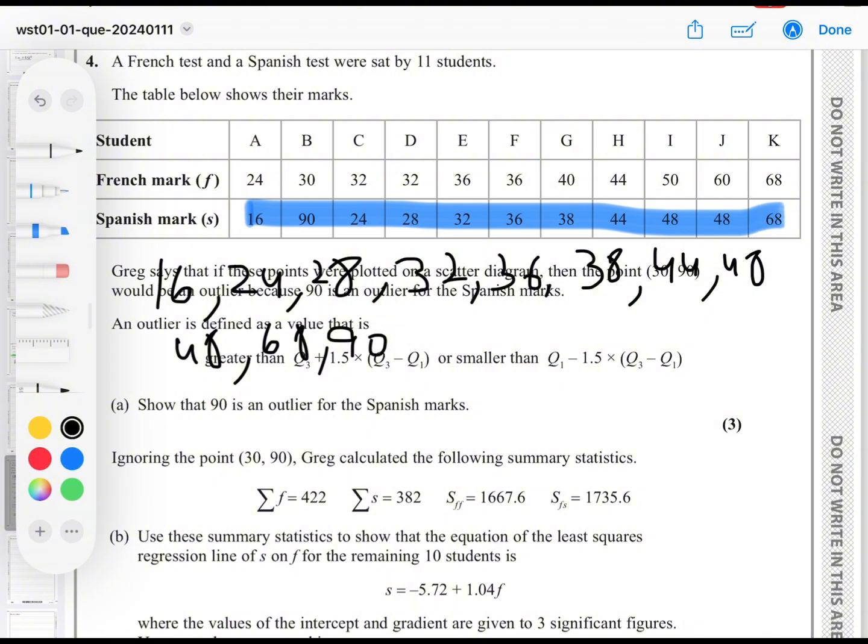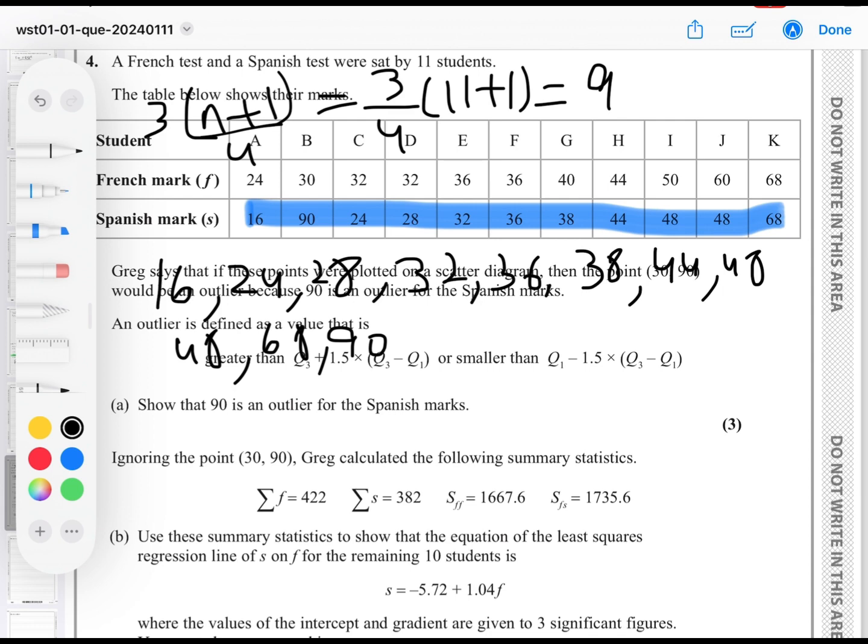The formula for the upper quartile is 3 upon 4 times n plus 1. n is 11 here, and n plus 1 is 12. 12 over 4 times 3 is 9, so the 9th term is the upper quartile. Counting first, second, third, fourth, fifth, sixth, 7th, 8th, and 9th, the upper quartile Q3 is 48 here.